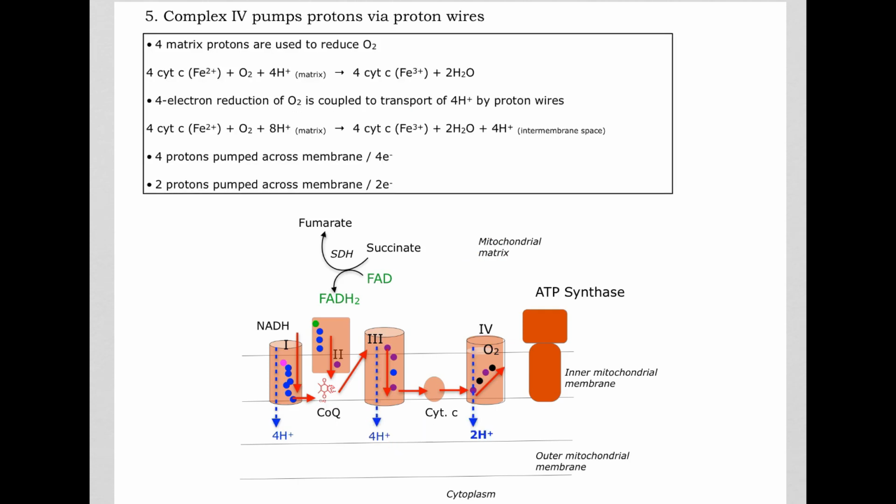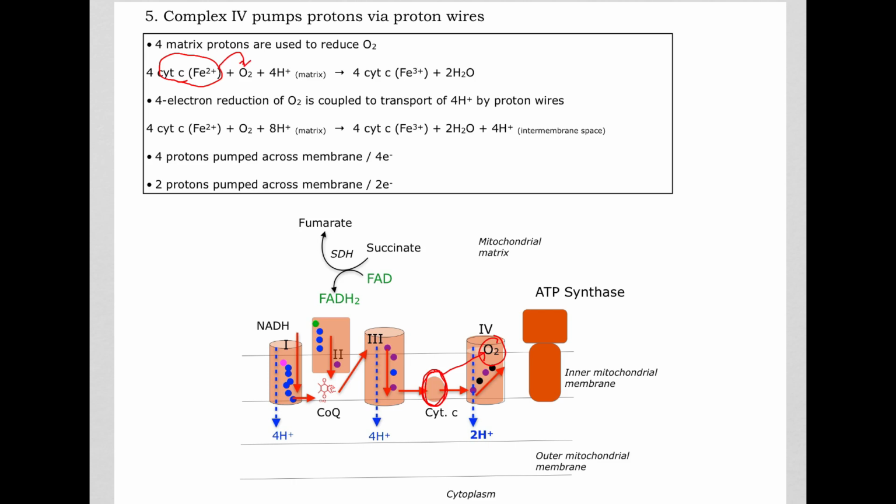So now the electrons are with cytochrome C. In the next step, these electrons will travel from cytochrome C to oxygen, which is the final acceptor of electrons. So basically the electrons in cytochrome C will be transferred to oxygen.